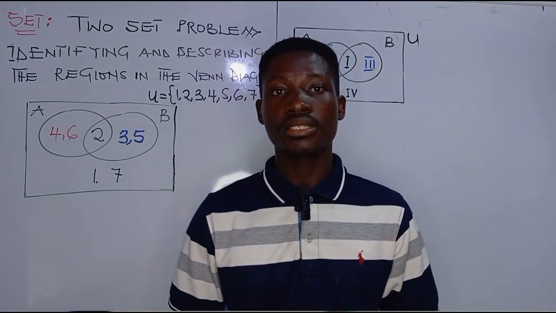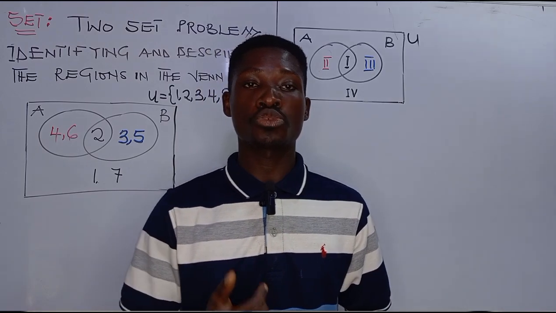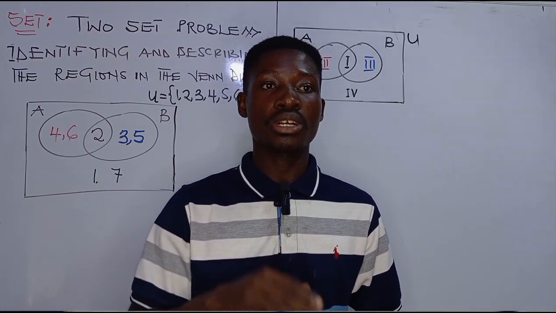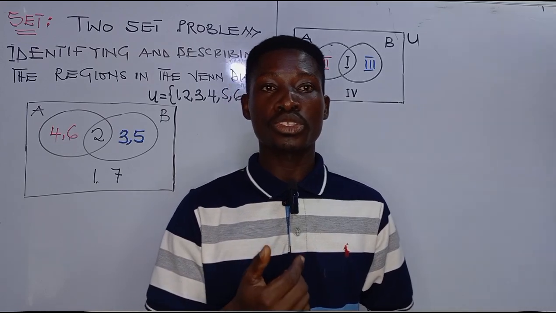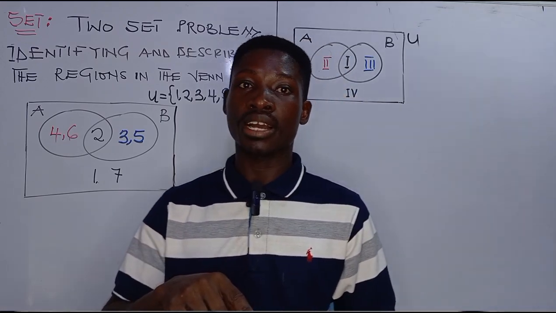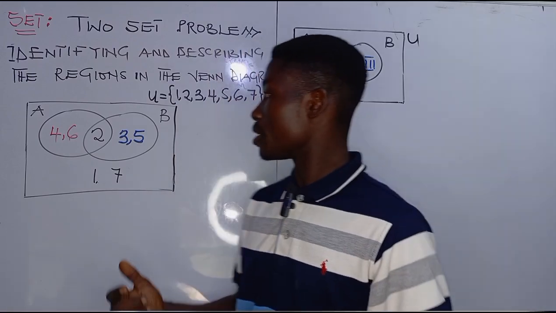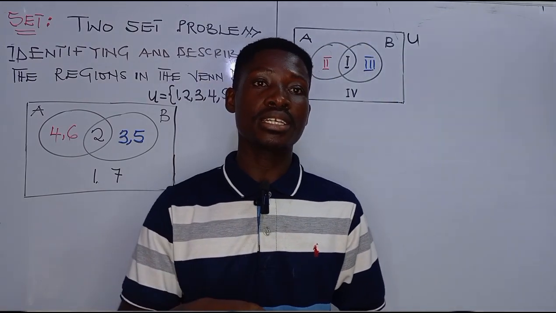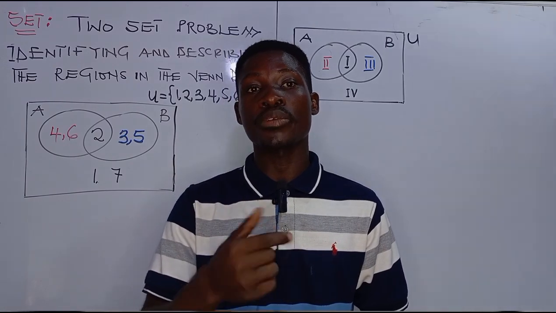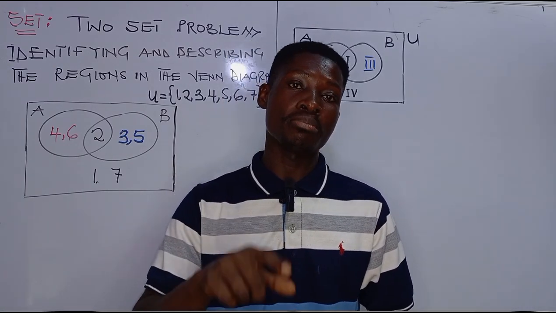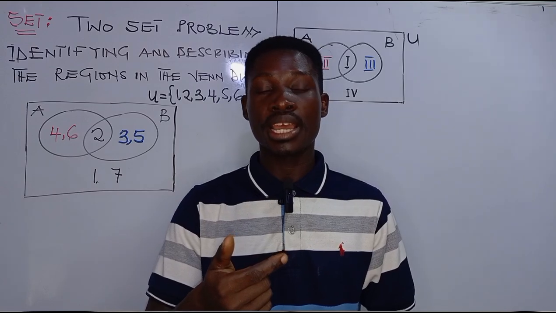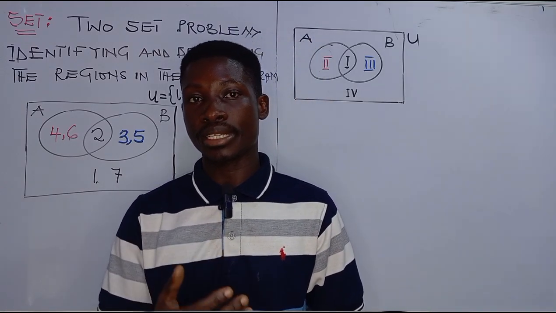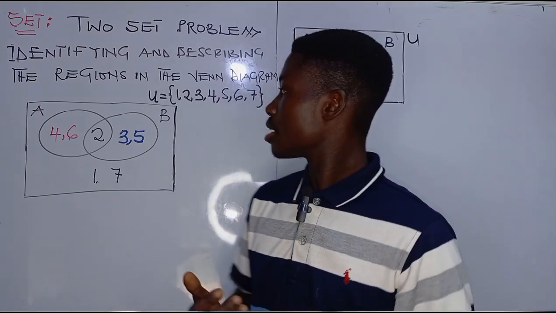In this very lesson, we shall be looking at the two-set problem. But before we start with the actual calculation, we should be able to identify and describe the regions within the Venn diagram, because the identification and description of the regions in the Venn diagram plays a key role in solving questions under the two-set problem and then the three-set problem.